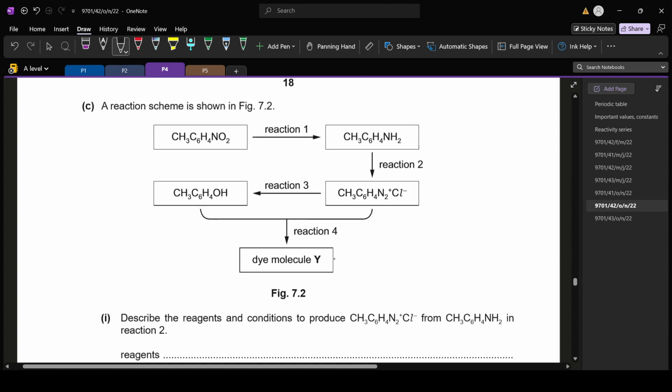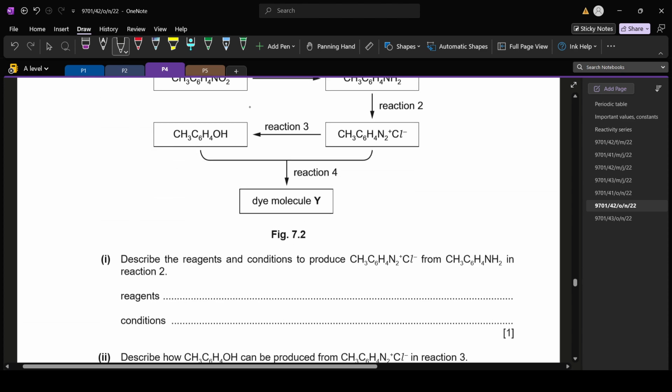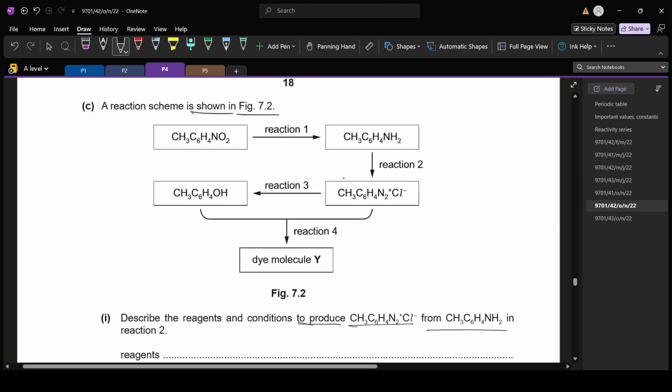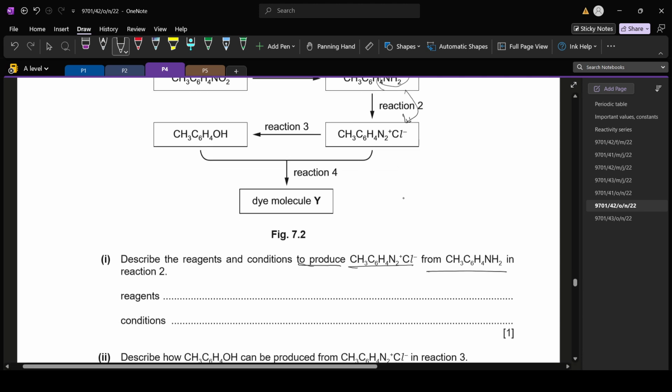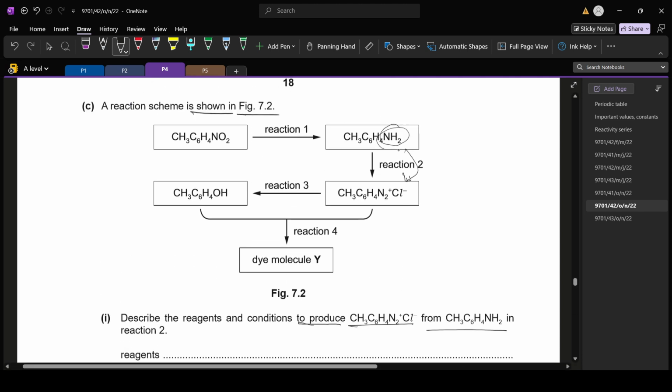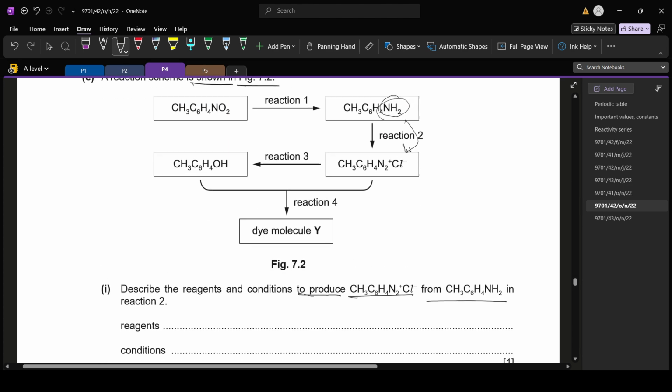Now part C, a reaction scheme is shown in figure 7.2. Describe the reagents and conditions to produce this compound from this compound in reaction 2. So this is actually an amine, and the amine is changed into this, a diazonium. What are the reagents to change amine into diazonium?